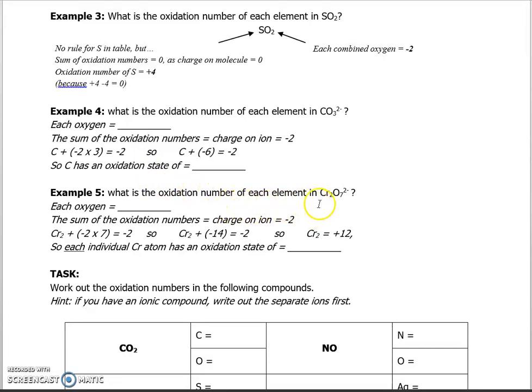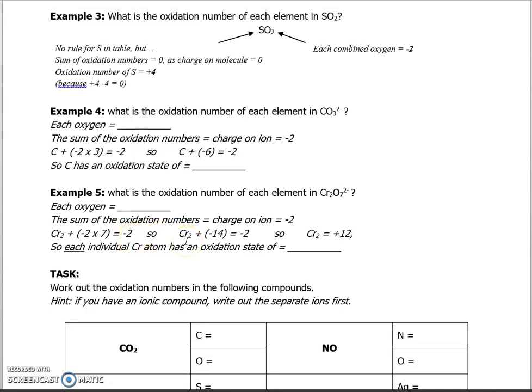Finally, this example here, we've got a dichromate ion. Okay, so it's Cr2O7. It's got a charge of 2-. Each oxygen has an oxidation number of -2. So we've got 2 chromiums plus 7 lots of -2 equals the charge, which is -2.